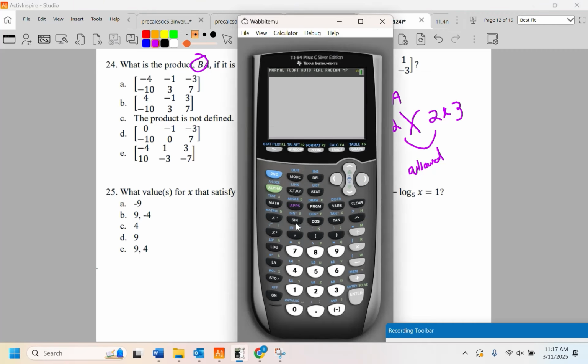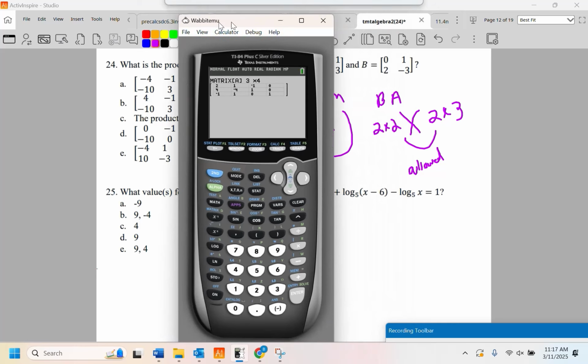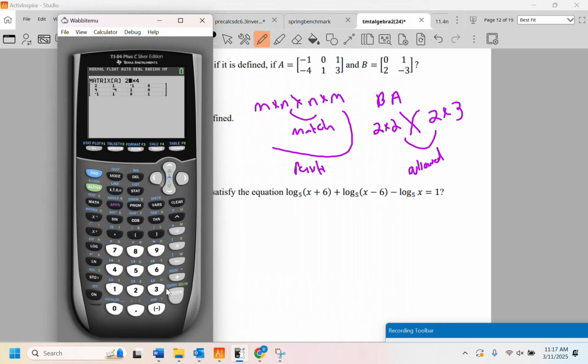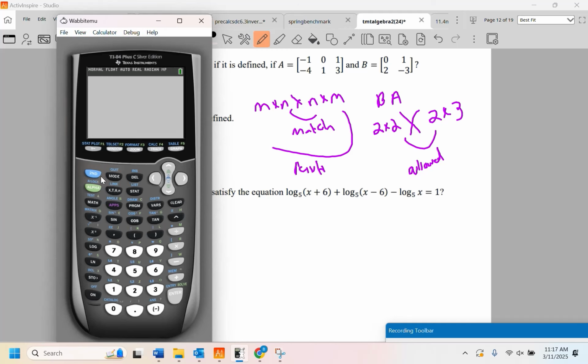We're going to go to second matrix, edit, and A is a 2 by 3. And it is -1, 0, 1, -4, 1, 3. All right, back to matrix.